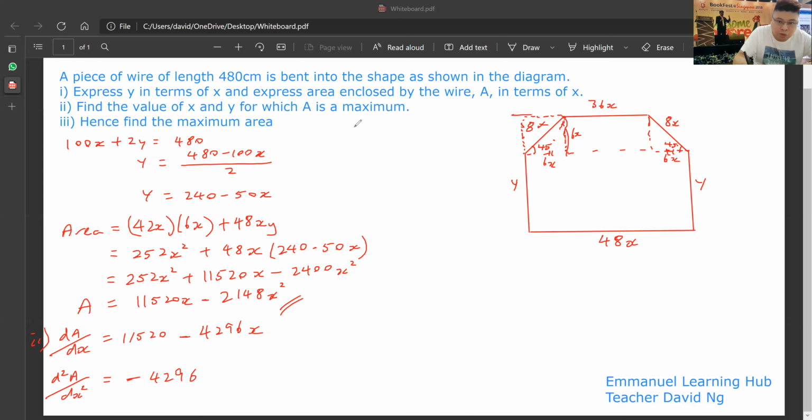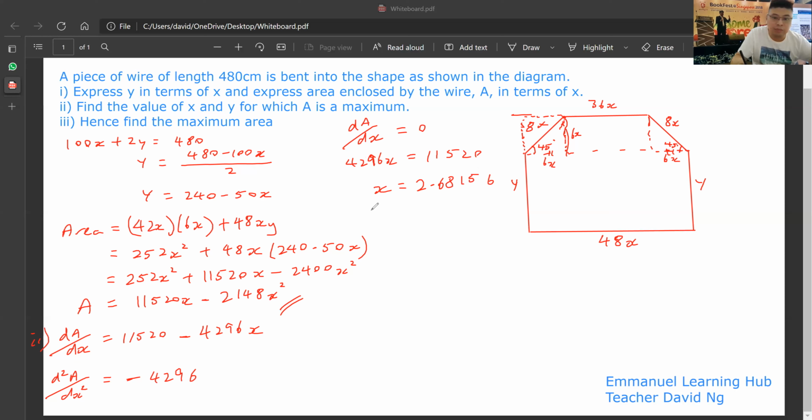So I just sub this is 0. So dA dx is 0. So your 4296 x will then be 11520. Okay? Then x will be 11520 divided by 4296. X will be 2.68 something. 2.68156.